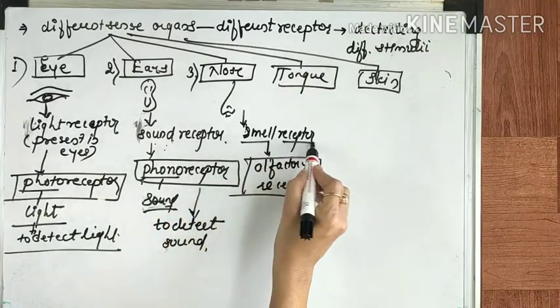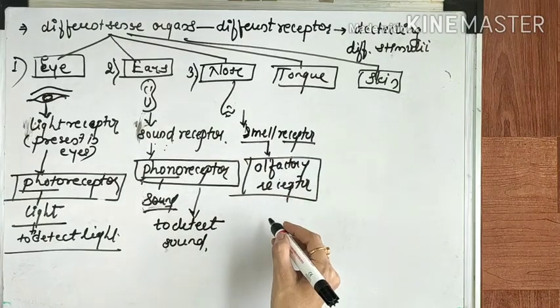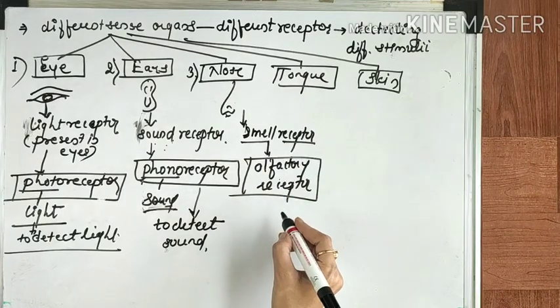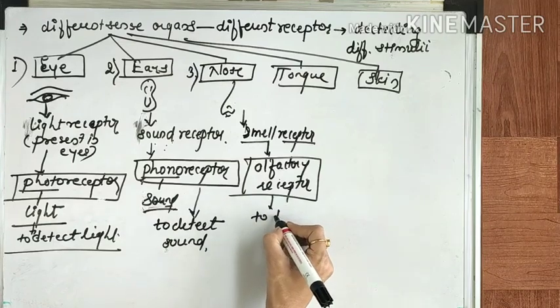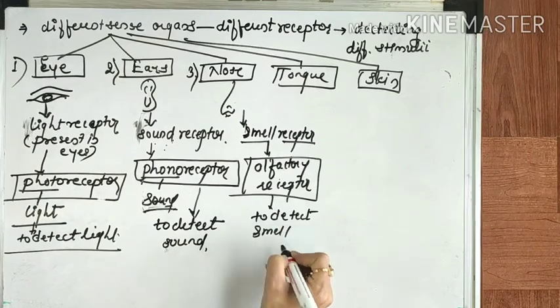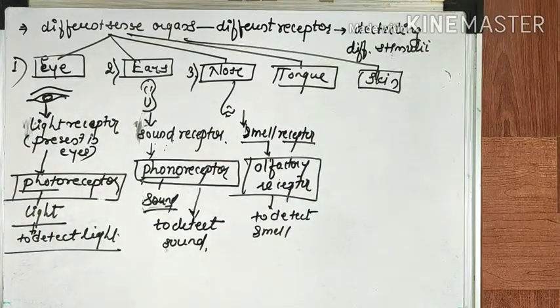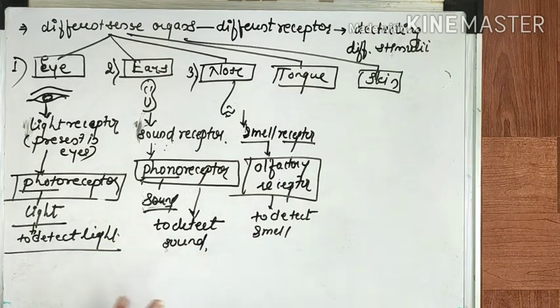The smell receptor present in the nose is known as the olfactory receptor. And what is the use of this receptor? To detect smell, whether it is good or bad. Okay, so these are three receptors.